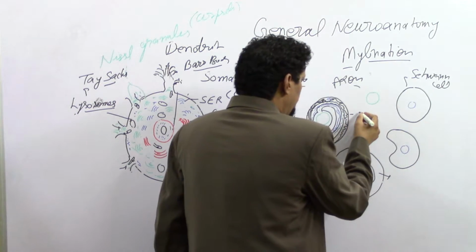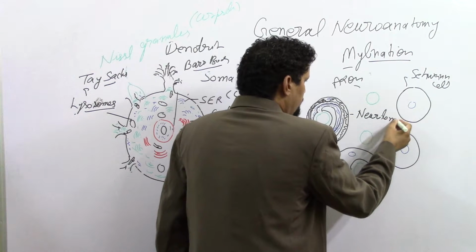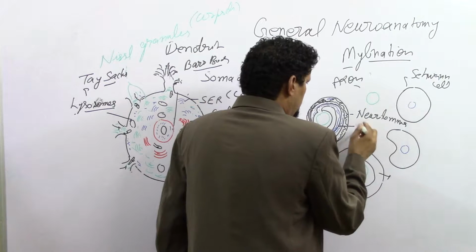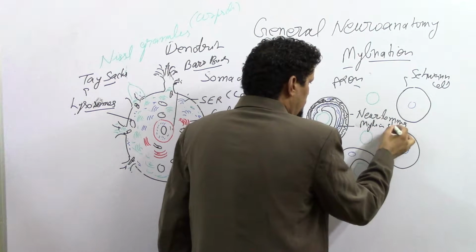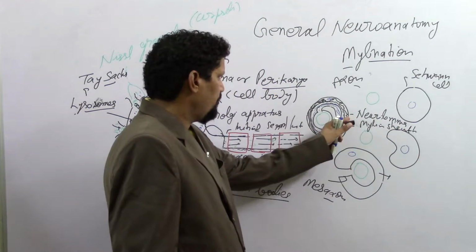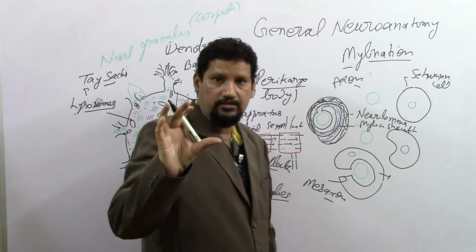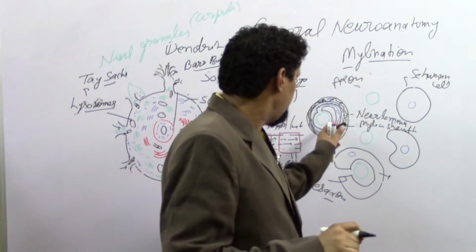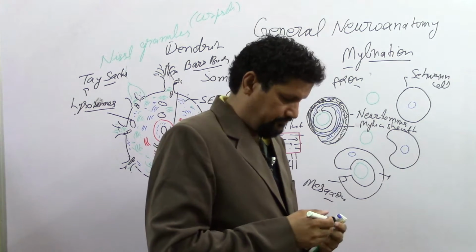This is known as neurolemma, and this is known as myelin sheath. So what is neurolemma and what is myelin sheath? And this is the axon. The axon surrounded by this myelin sheath is myelination, and the outermost is neurolemma.